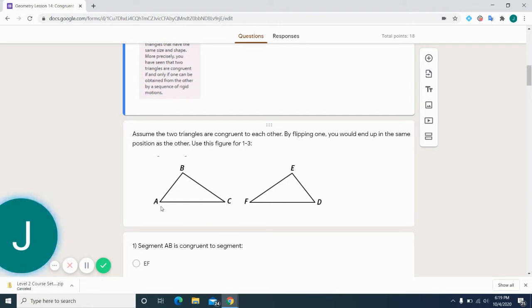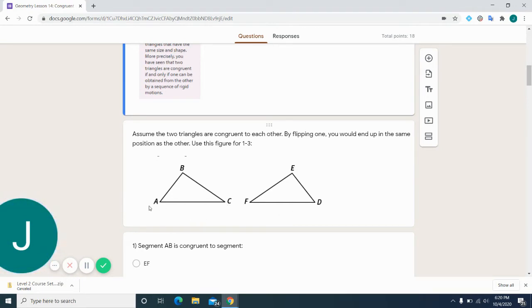What that means is that A is basically the same as D. So segment AB is congruent to segment DE. Or you could say CA is congruent to FD. You wouldn't say AC is congruent to FD, because you don't just go left to right, left to right.